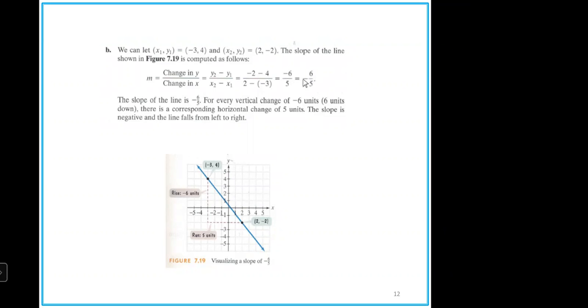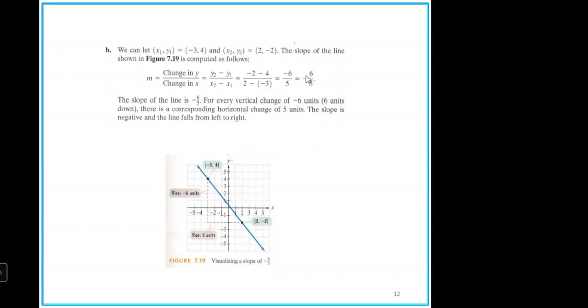So once you see that negative, it means this line is going to be going down as you move from left to right. So if you start from left, move to the right, as you notice, this line is going downwards. Once it has a negative slope, it means the line is going down. And 6 over 5 means that for every 6 that you move vertically, so you started here, 1, 2, 3, 4, 5, 6.